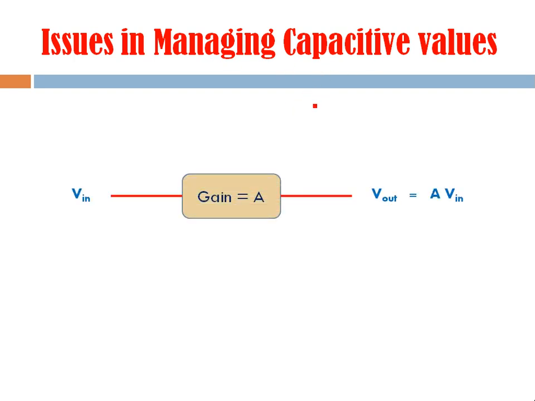Now you see, suppose this is an amplifier having gain A, we have input voltage here, and at the output we have output voltage, and this output voltage is gain multiplied by the input voltage. But for the frequency-based analysis of the circuit, we must include the capacitive components.